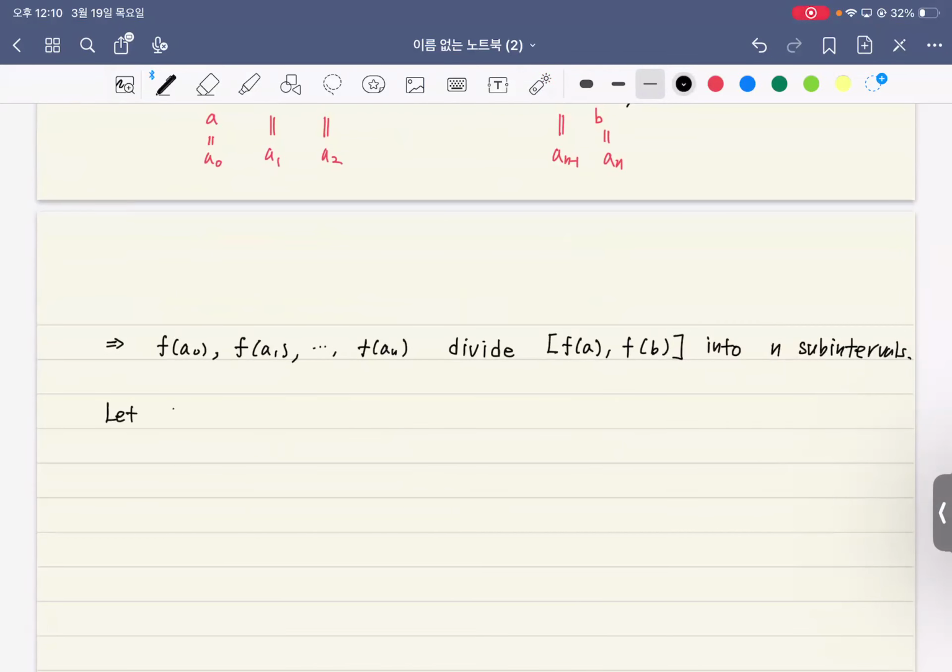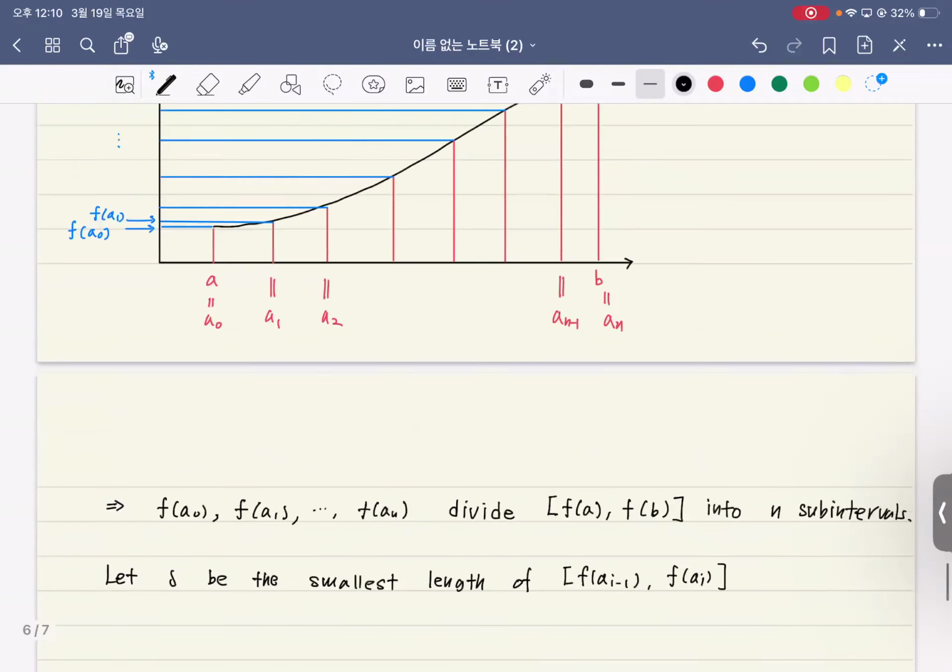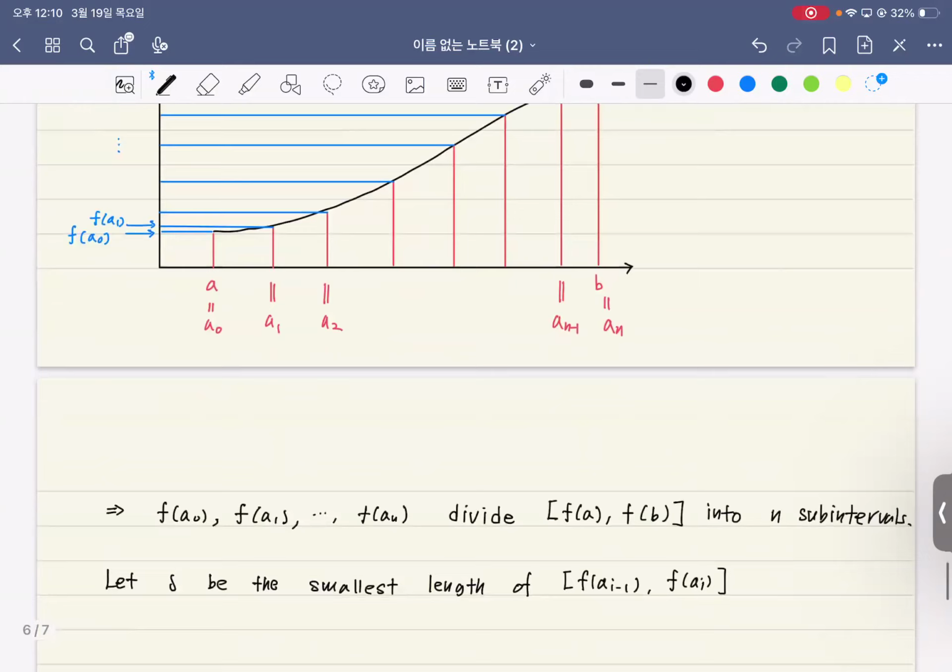Let delta be the smallest length of [f(A(i-1)), f(Ai)]. Okay, now we are ready.